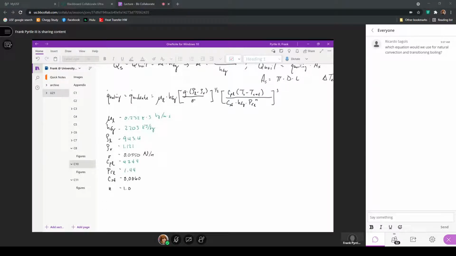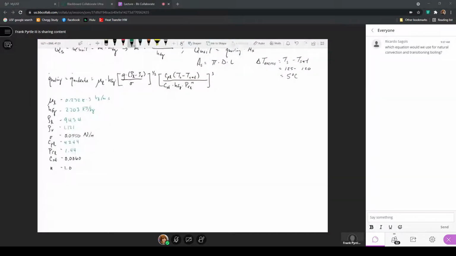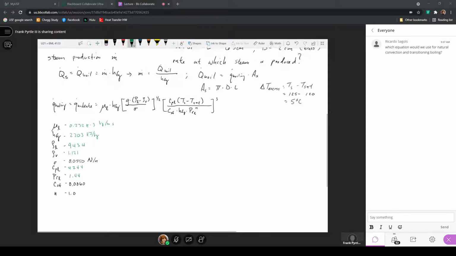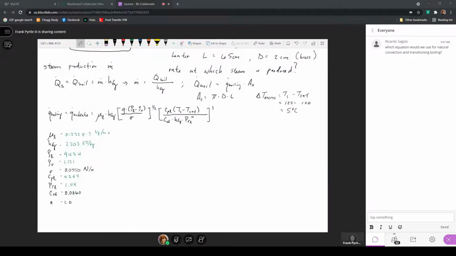So now we have the properties of the fluid that we need to substitute into this expression to get the heat flux that is due to nucleate pool boiling with this 5-degree temperature difference that is here. So we're going to substitute in these expressions, and actually we're going to write the properties.